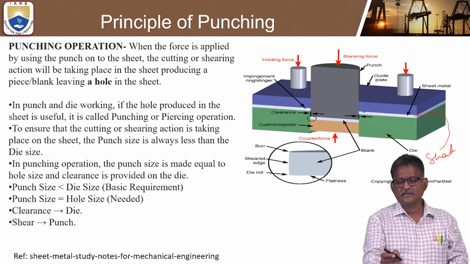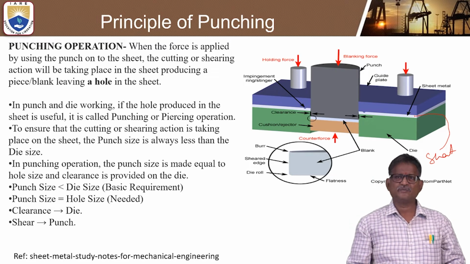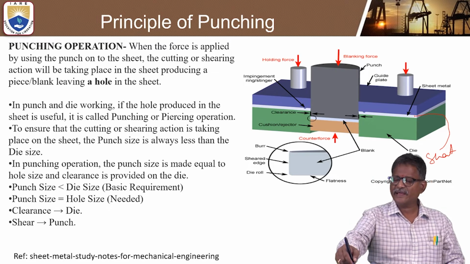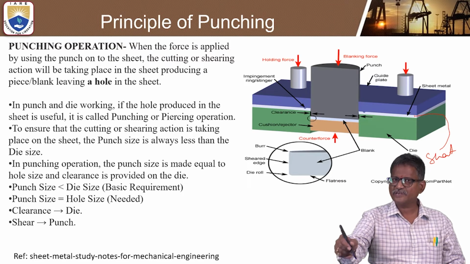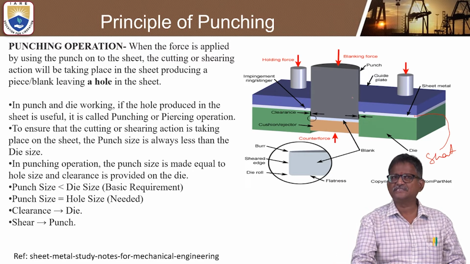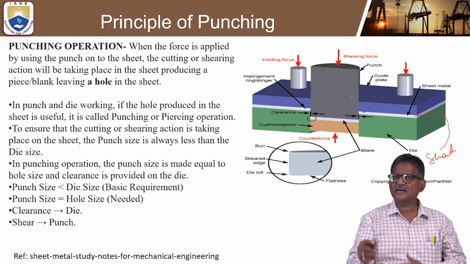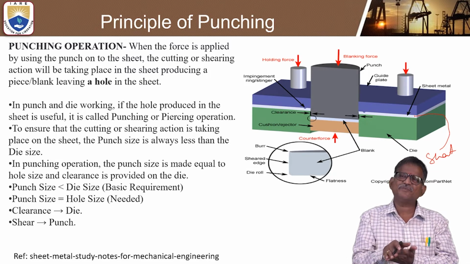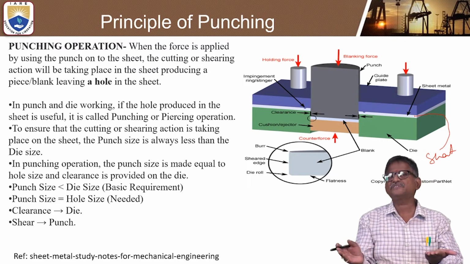Look at the definition of a punching operation. When the force is applied by using a punch on the sheet, the cutting or shearing action takes place. Cutting means separation of the part.